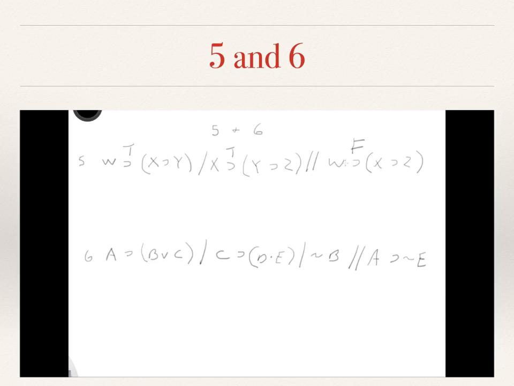So let's see what happens here. If this is going to be false, then the only way an implication is false is when you have a true implies a false. So we now know that W has to be true, and this has to be false. So the only time this whole thing is false is when we have T implies F, because then that would make the implication false and then make the whole conclusion false.